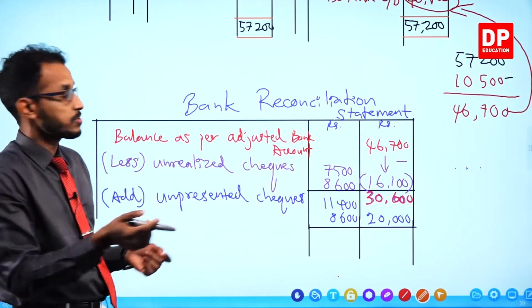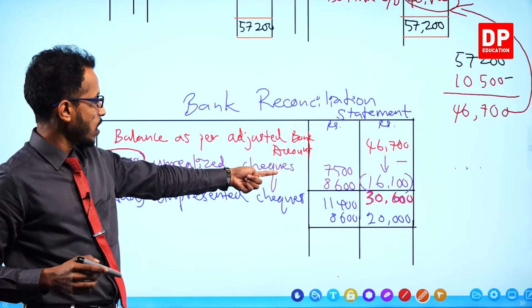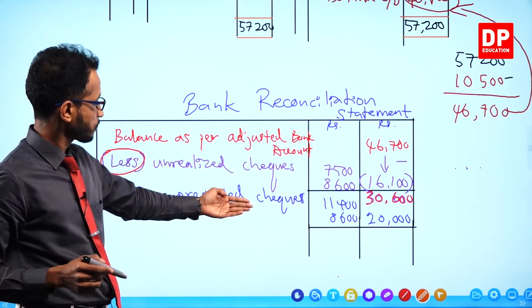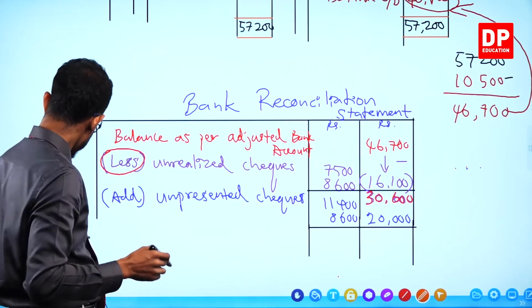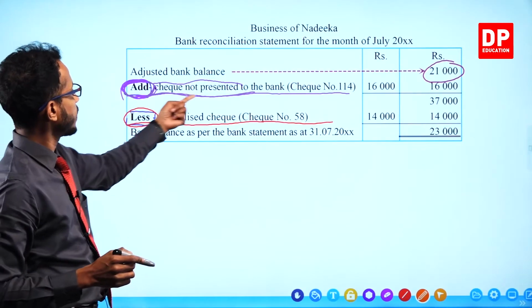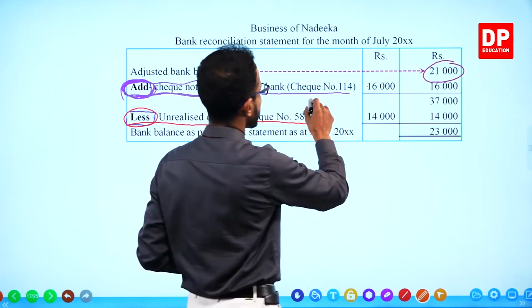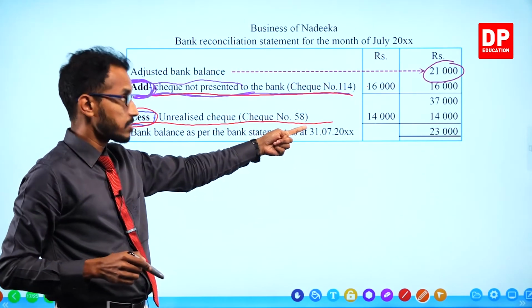Now, some children must be wondering, sir, why are you doing the subtracting on top and adding unpresented checks at the bottom? In the book, it says the adding of unpresented checks is done first, and then only you subtract unrealized.